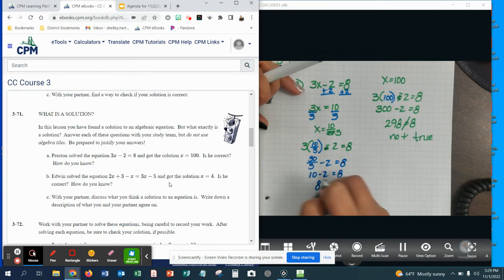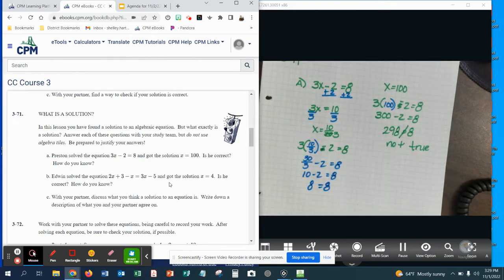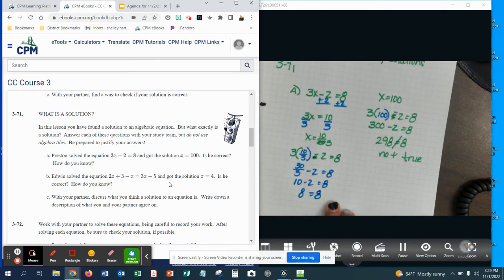And 10 minus 2 is 8, equals 8. So it does work out to where we are right. Great. All right, so let's go to B.